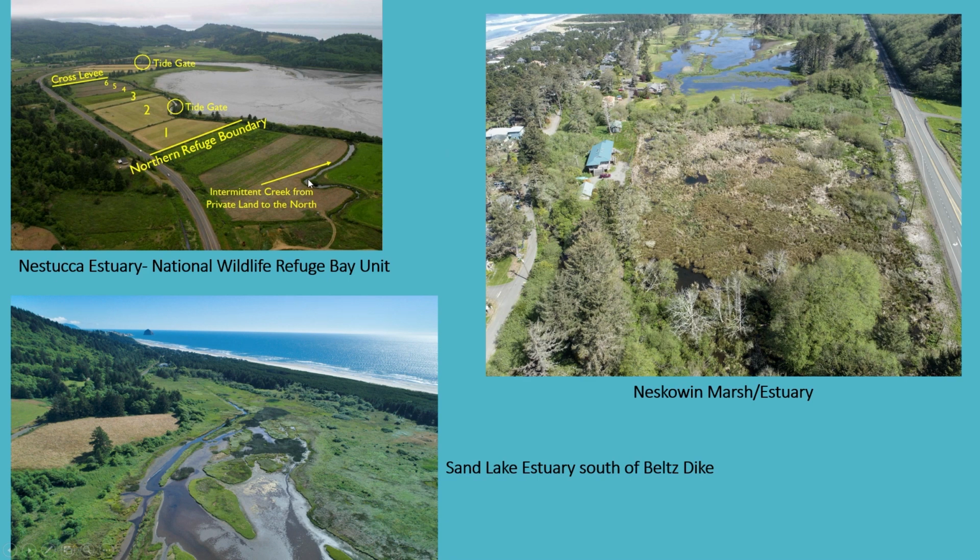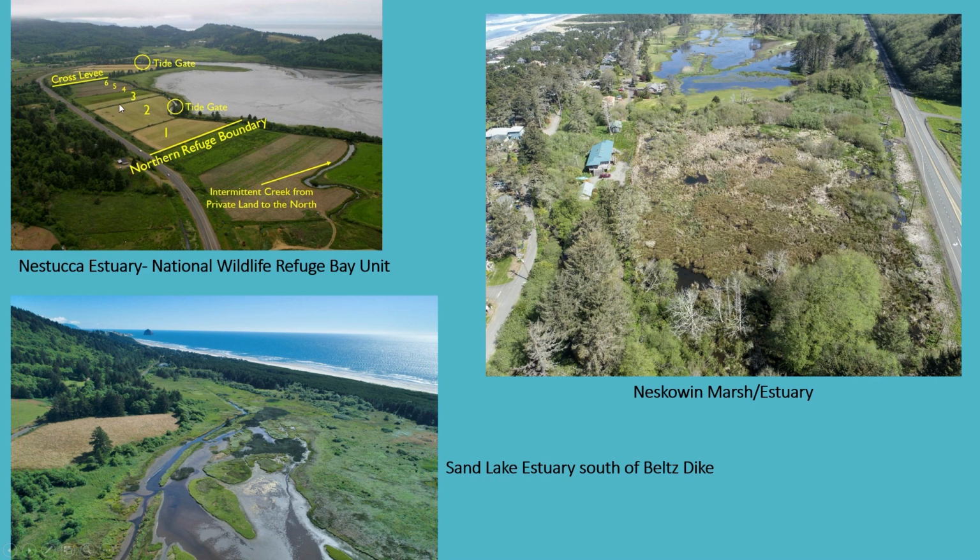So these are photos of different estuaries in our basins. Upper left is the Nestucca estuary. This is the Nestucca Wildlife Refuge, right at the mouth of the Little Nestucca. And there are two tide gates, two failing tide gates, and some cross levees and interior ditches.